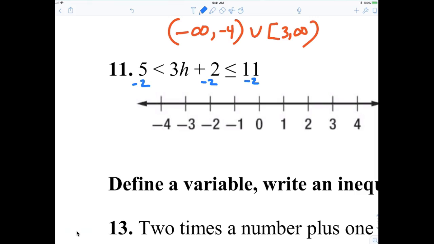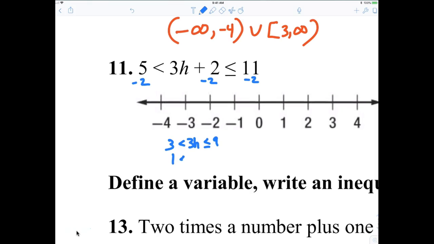That's all I did. So now I have 3h is less than or equal to 9, and I have greater than 3. Is everybody with me on this? Now what do you think I have to do? Divide by 3. Look how simple.